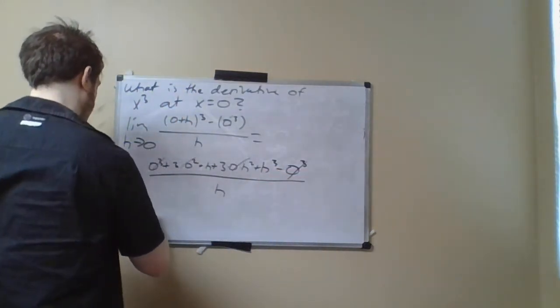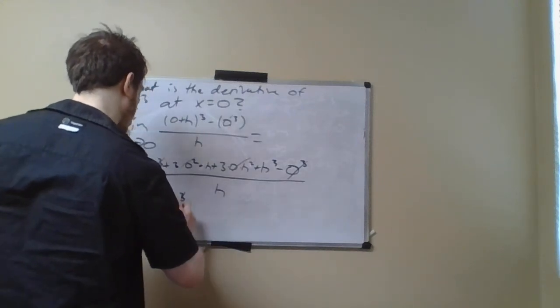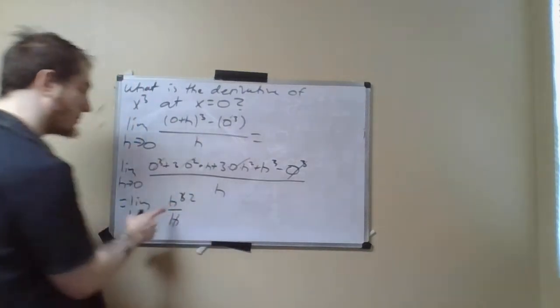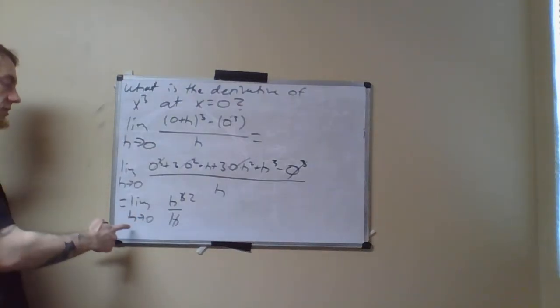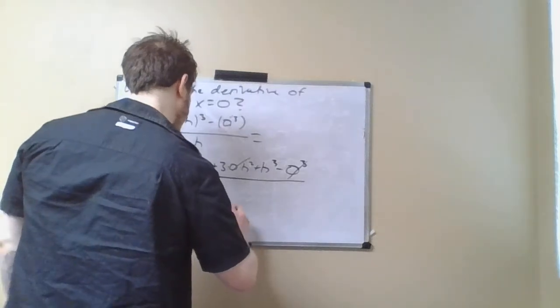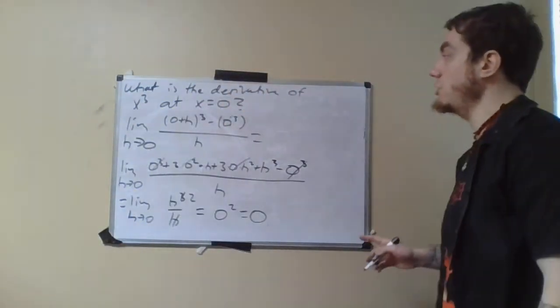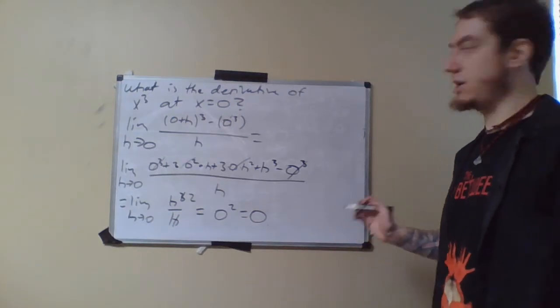So this becomes the limit as h approaches 0 of h cubed over h. This cancels to give me h squared. Now this is a polynomial in h, so I can find the limit by evaluation. This becomes 0 squared, which is 0. So the derivative of x cubed at x equals 0 is 0.